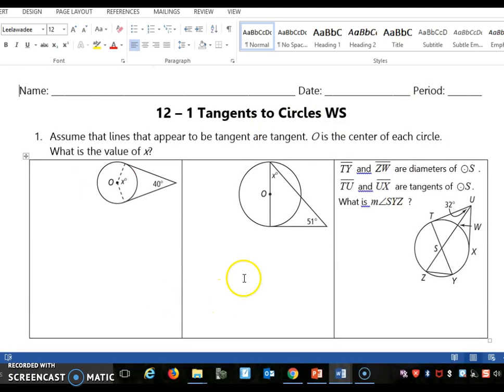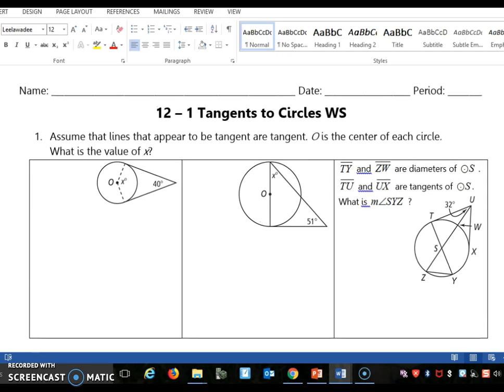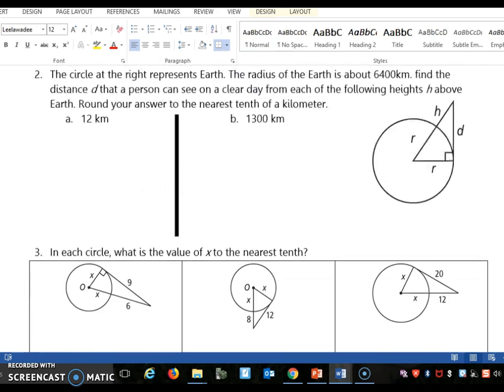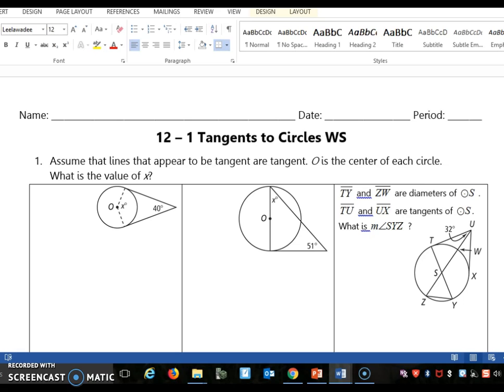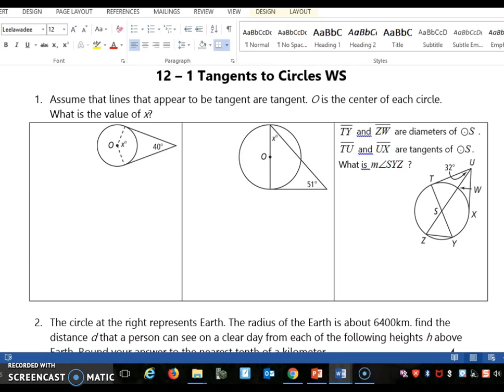So now I want you to do the worksheet that is attached to the lesson by using the notes. I want you to skip some questions because it's too much. So listen here and please circle. I want you to do number 1. And then skip this question. You don't need to do this question.